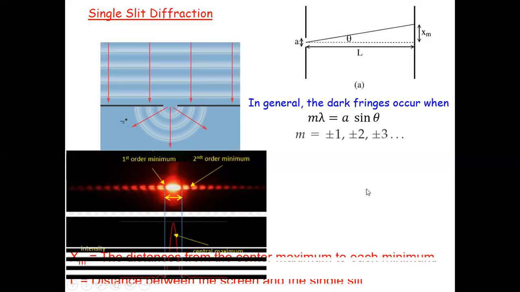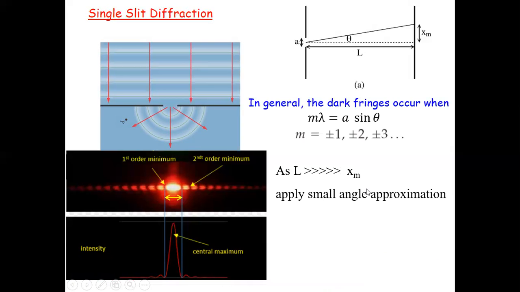All right, then again, we'll go back to the theory. As you notice, L, the distance from the screen to the slit, is really larger than the length from the central maxima to the first minima, right? It is really tiny. So we can apply the small angle approximation.